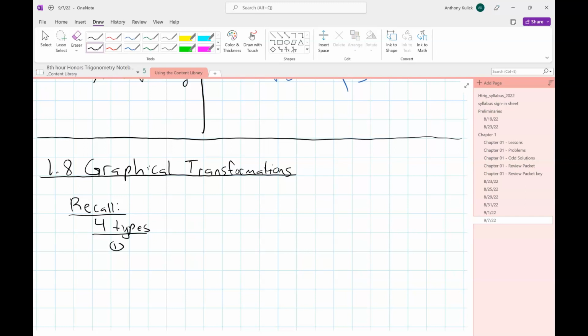Reflection is one. Translation is another. Dilation is another. And the 4th one is rotation. Well done, everybody.